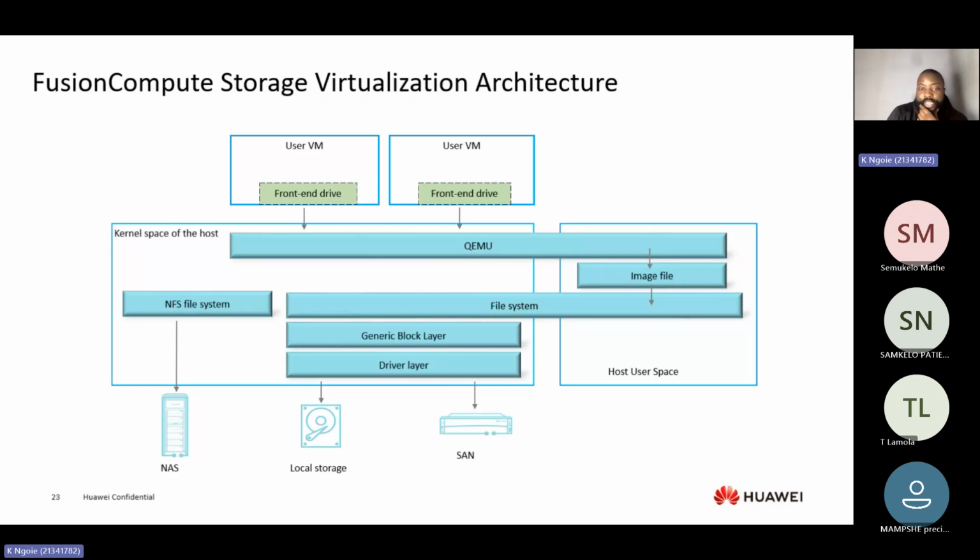So the workflow is: the virtual machines make a request through the front-end driver, the request goes through the QEMU interface, then through the disk drivers, and then to the physical storage. All right.